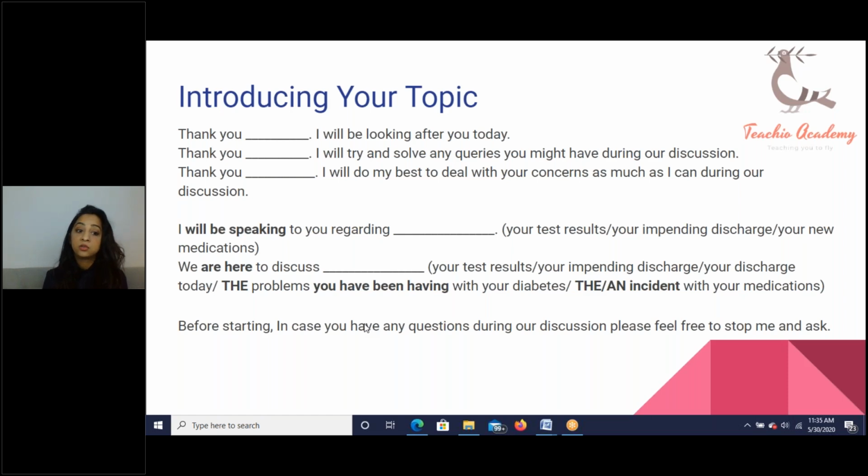That's why your tense is going to be the problems, because it is a particular set of problems that they've been having, which might be a diabetic foot, diabetic retinopathy. So the patient is going to have specific problems, and that's why it's the problems you have been having with your diabetes. Okay, so notice how we modify the tense.